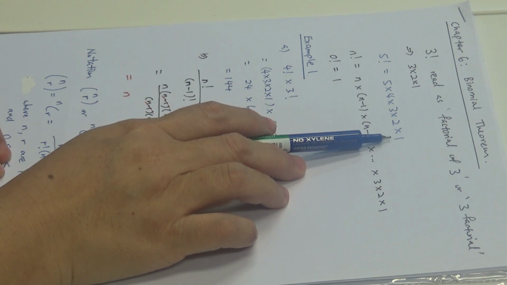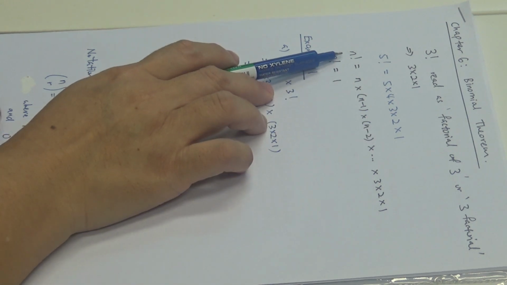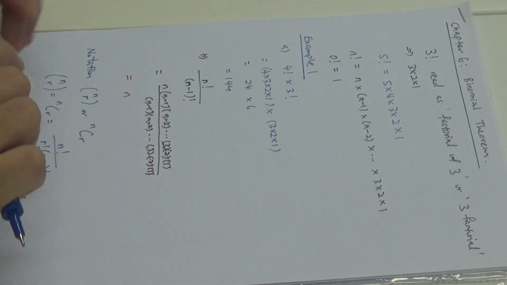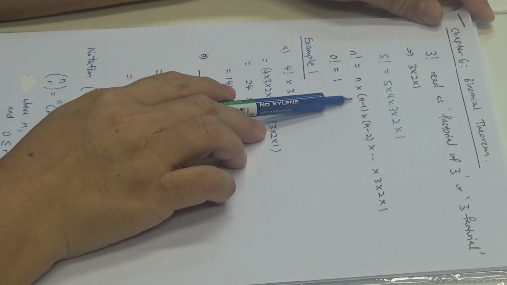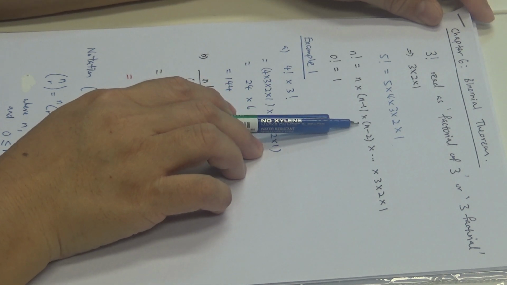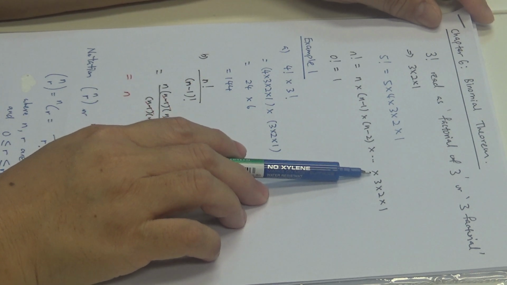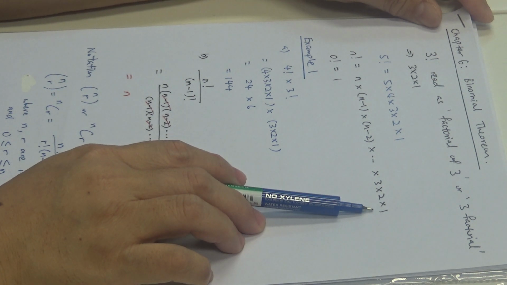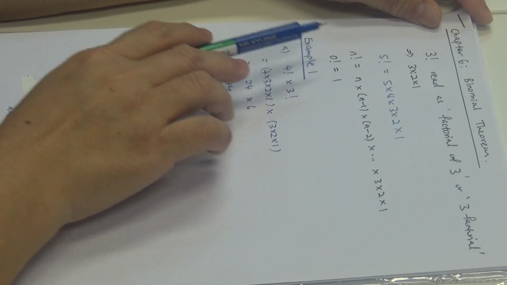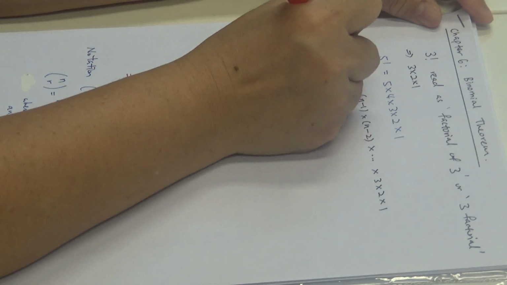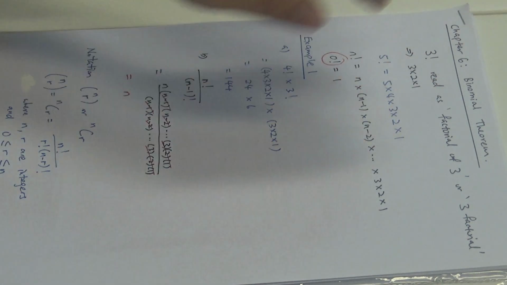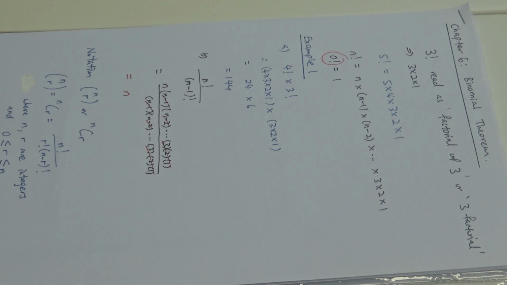In algebra, n factorial will be n, then n minus 1, then n minus 2, all the way to 3, 2, 1. This means n factorial. And in maths, we define 0 factorial as 1.